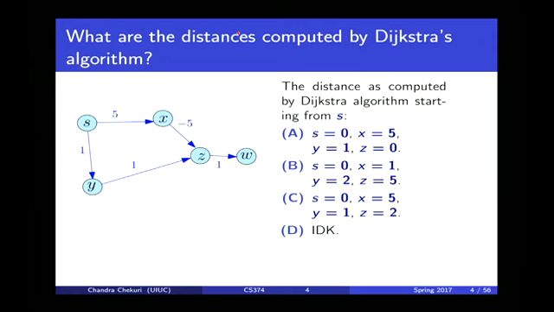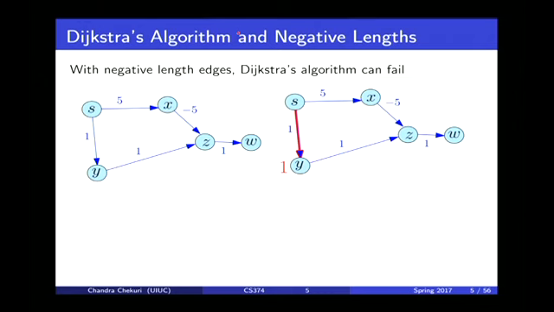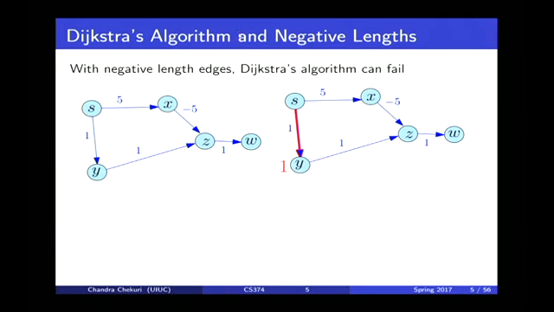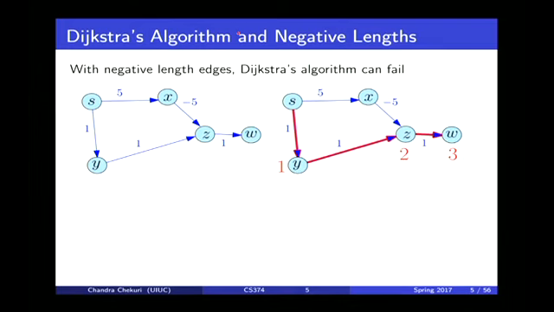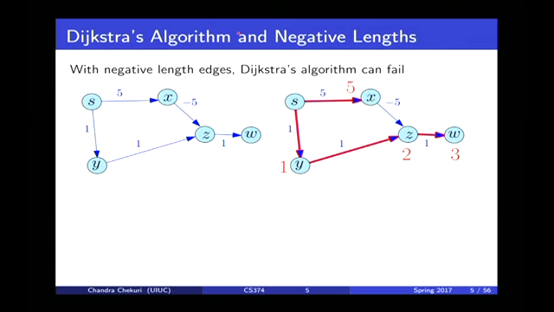There are only 2 paths from S to W. This way it is 3. What do you think Dijkstra's algorithm will do? It'll start by finding who's the first guy it'll add? Y, and then it'll add Z. Agreed? And then who will it add? It'll add W, and then it'll add X.